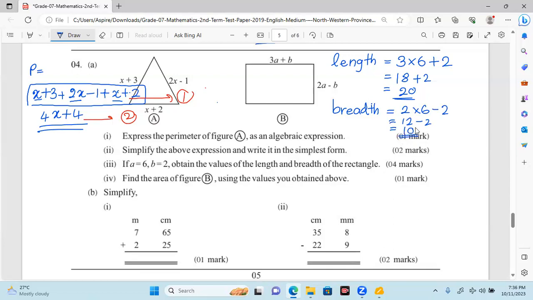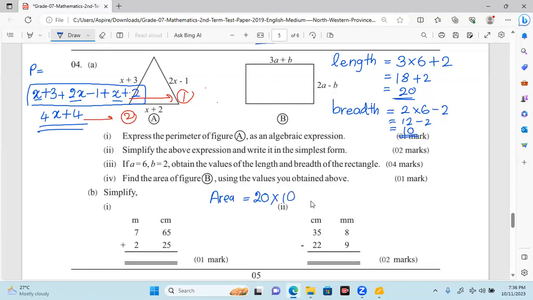Okay. Find the area of figure B using the values you obtained above. How do we obtain the area? Area is equal to length multiplied by breadth. Now length is 20, so area is 20 into 10.